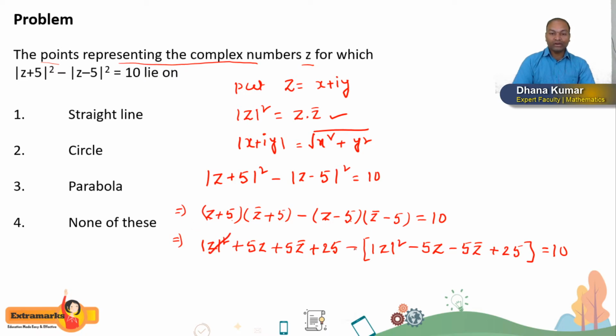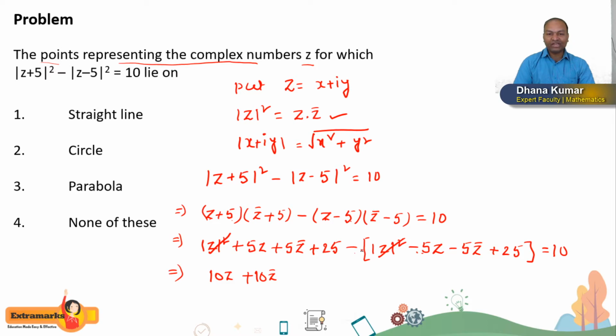Mod z square minus mod z square cancels. Correct? Right. This implies, now you see here, minus into minus is plus. So plus 5z plus 5z is 10z. Next, minus into minus is plus 5z bar. 5z bar plus 5z bar is 10z bar.